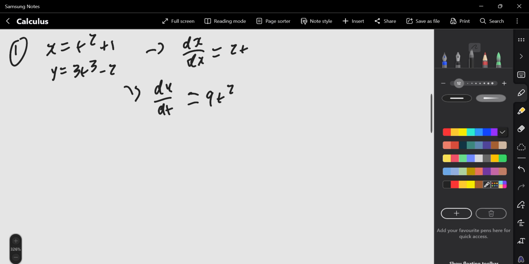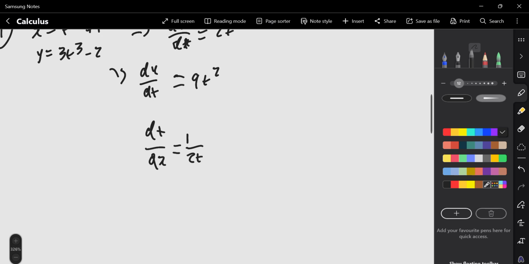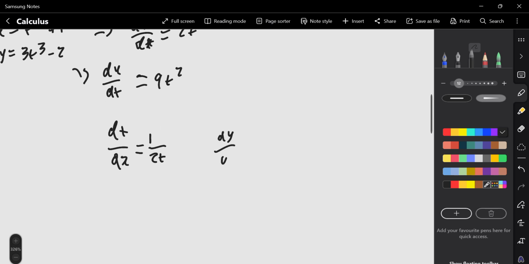And now you have a dx by dt, you have a dy by dt. Now if we want dt by dx, well, that's just going to be the inverse of this, 1 over 2t, like so. And now you can times through: dy by dt times dt by dx. The dt's are going to cancel, and you're going to get dy by dx.